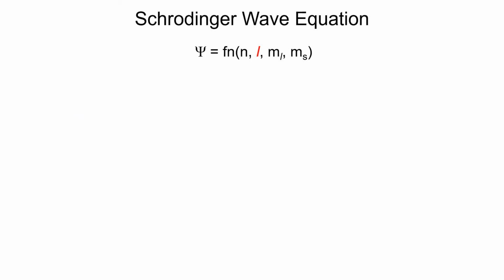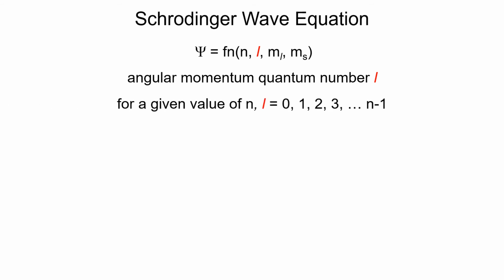The second quantum number is designated by the letter l, and it is called the angular momentum quantum number. You need to know the names of these quantum numbers and what they describe. So l, for a given value of n, ranges from 0 to n minus 1.